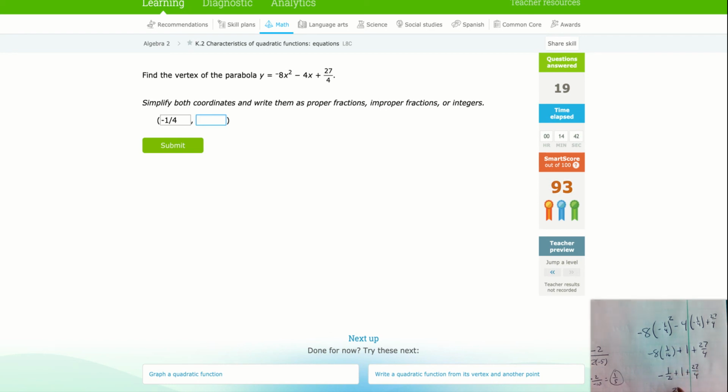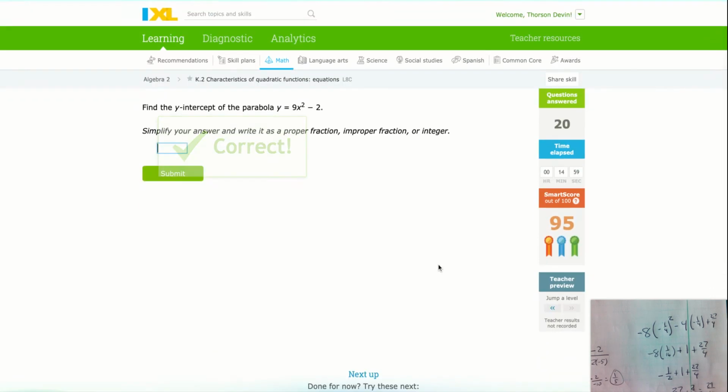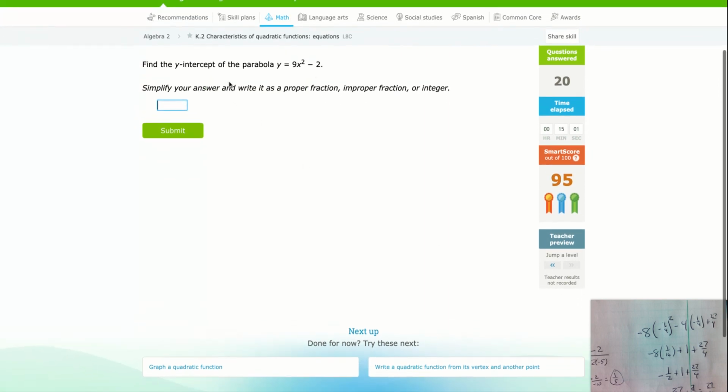So that's going to be 27/4 plus 1/2, or 2/4, which is 29/4. And that doesn't reduce. 29/4. Let's see if I did my math right. Hey, look at that. Find the y-intercept of the parabola. There's no b term, so the y-intercept is that minus 2.